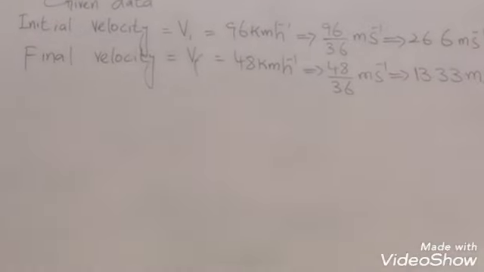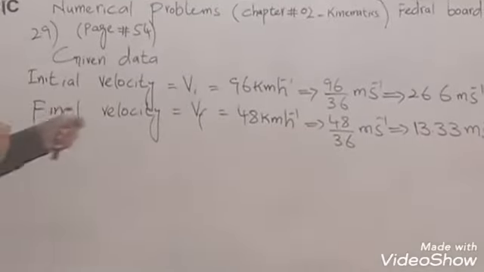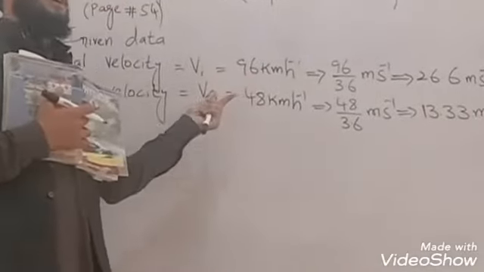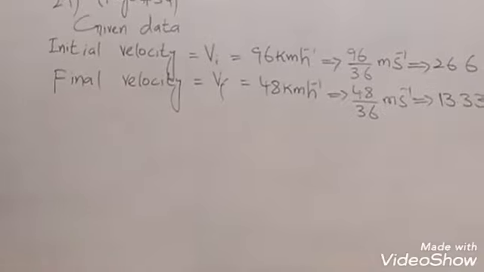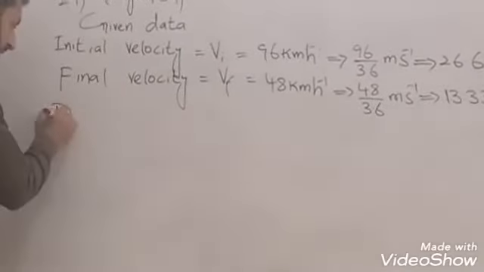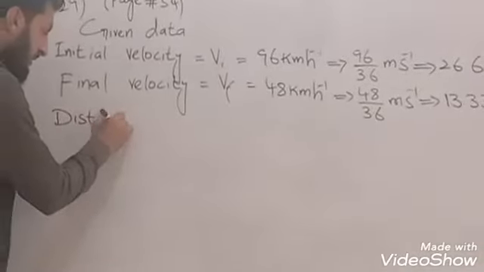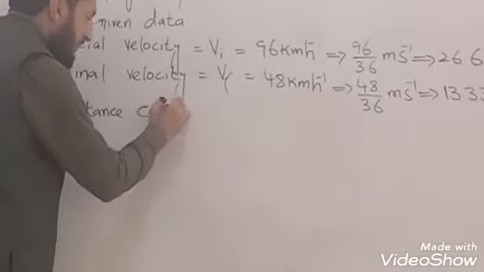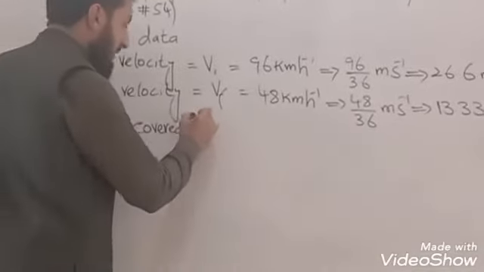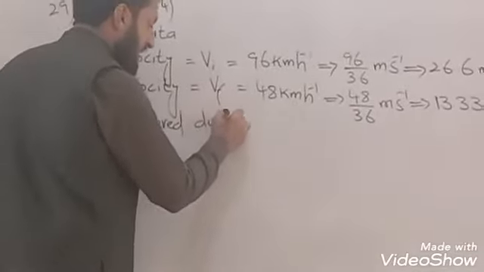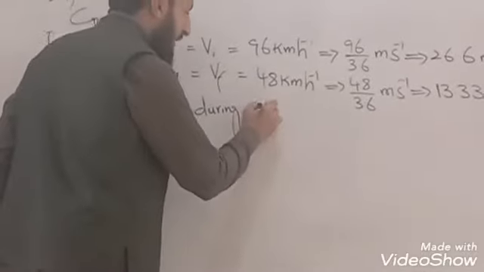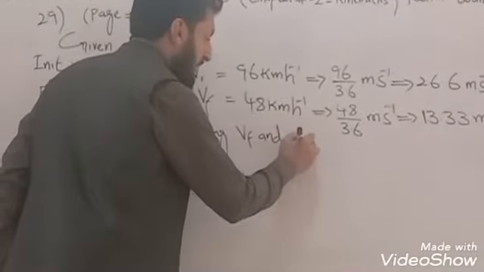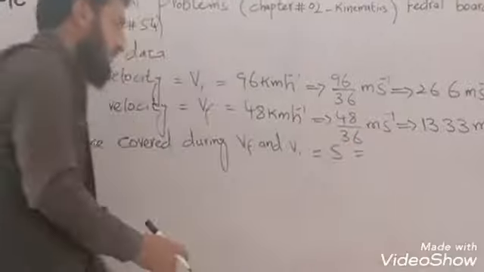In 800 meters. So during this, what happened? The train covered 800 meters distance. So distance covered during Vf and Vi is equals to S is equals to 800 meters.